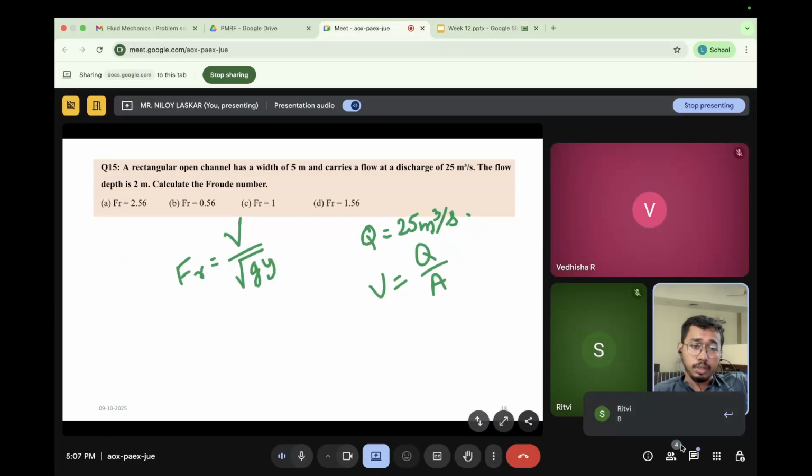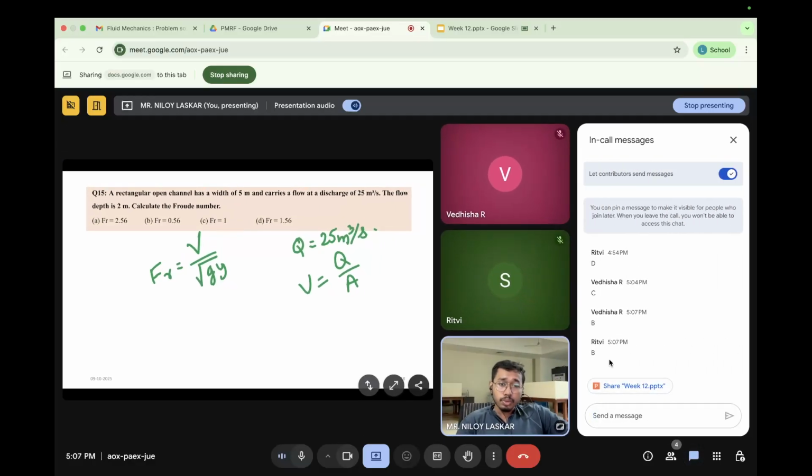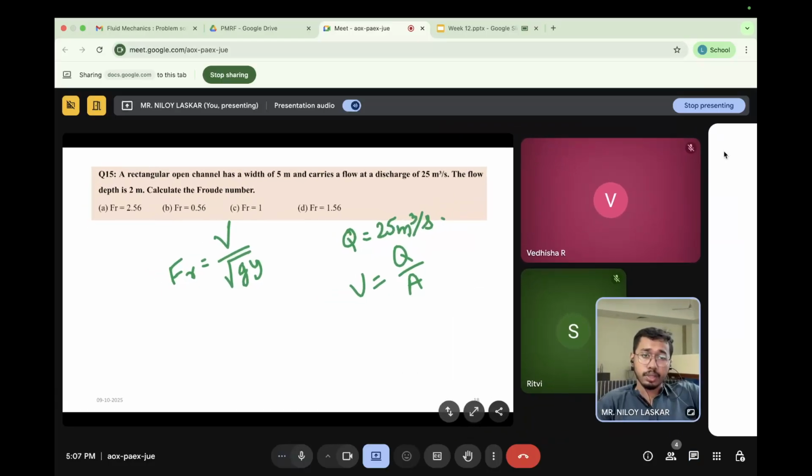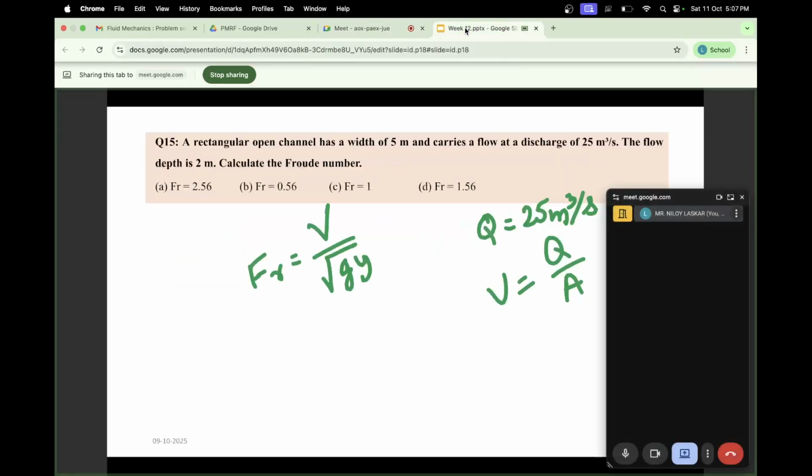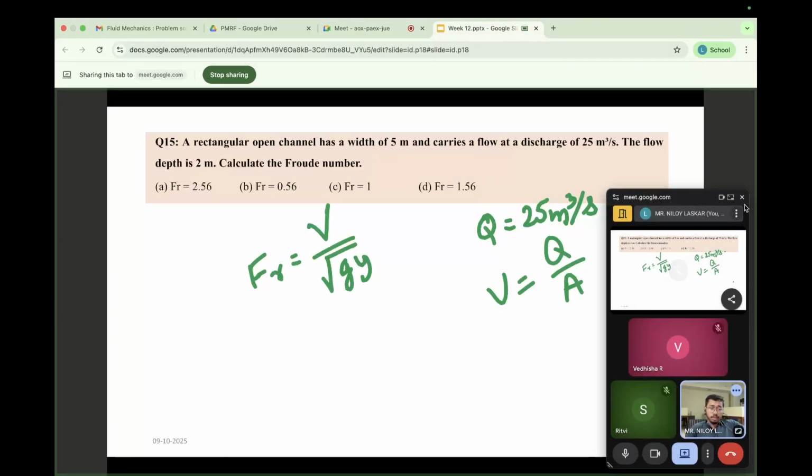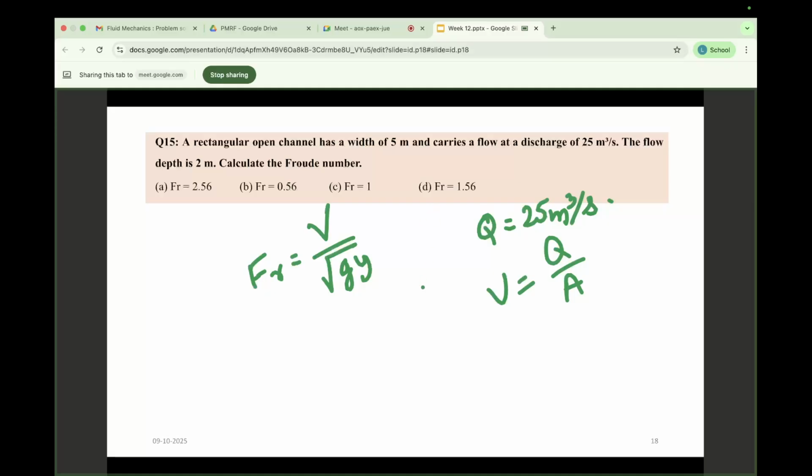So this is a simple question. Both of you have answered option B. Yes, both of you are correct. So that means here you will get 25, and the area is 5 into 2, so 10, that means V is 2.5, right?